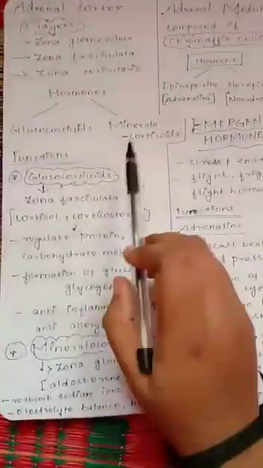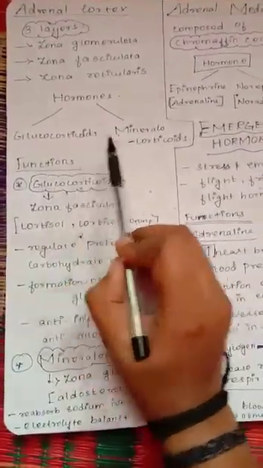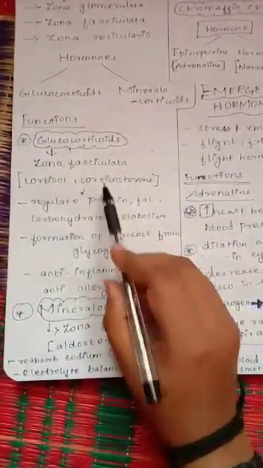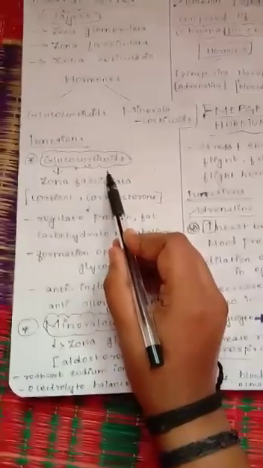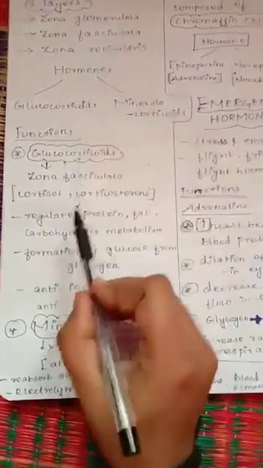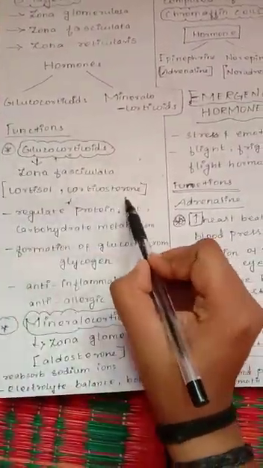The hormones secreted by adrenal cortex are glucocorticoids and mineralocorticoids. The functions of glucocorticoids are as follows. The glucocorticoids are secreted by the region zona fasciculata. This secretes two hormones, cortisol and corticosterone.